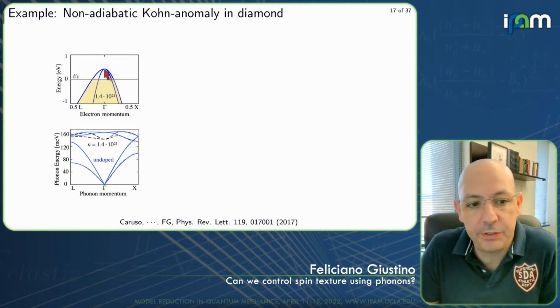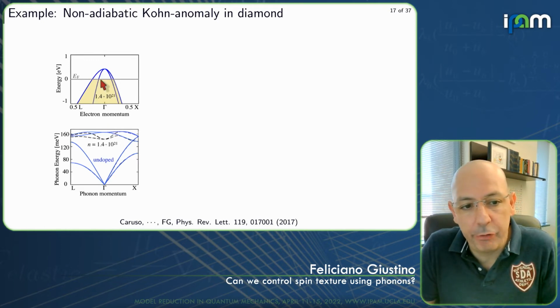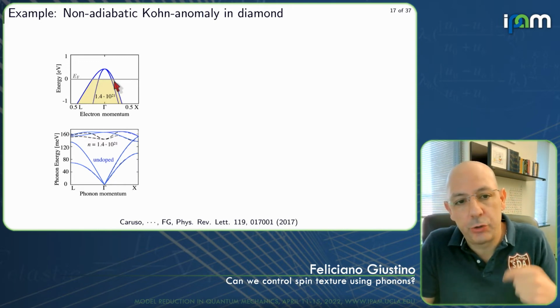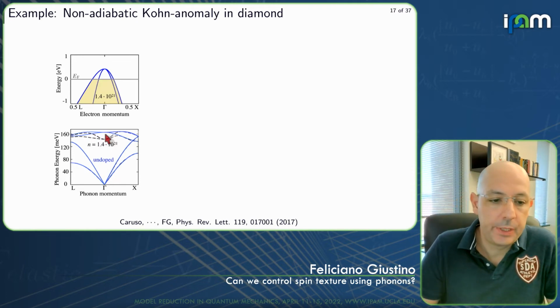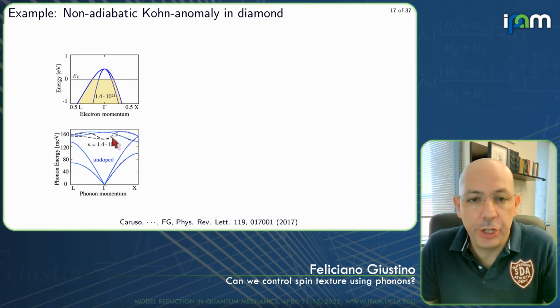In this case the phonon dispersion, these blue lines here, becomes a little bit softer, so the phonon frequencies decrease. This is a consequence of the fact that now there is a Fermi surface in this material, a very small Fermi surface, that introduces some metallic screening in the compound, and this metallic screening is felt by the phonons. This is a calculation done essentially with density functional theory by changing the number of electrons per unit cell.